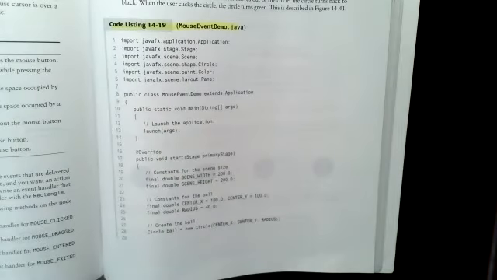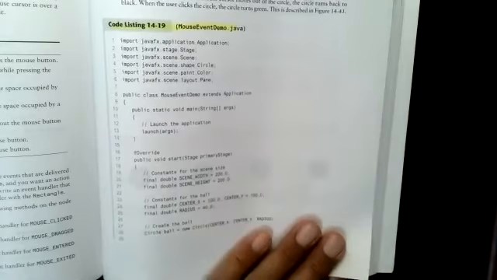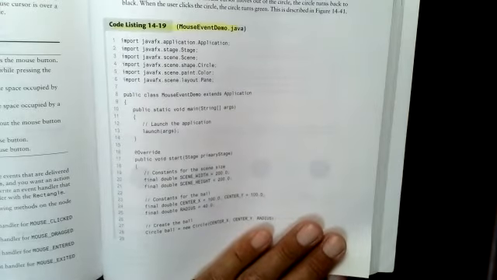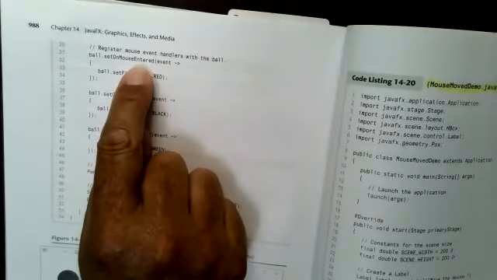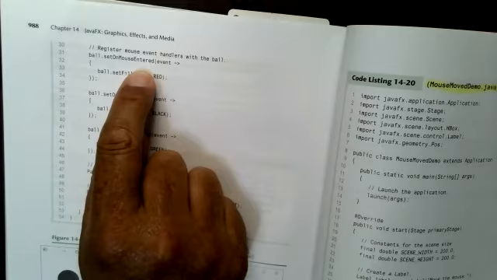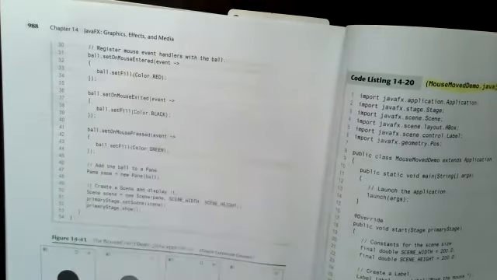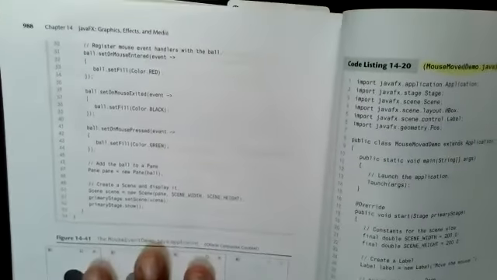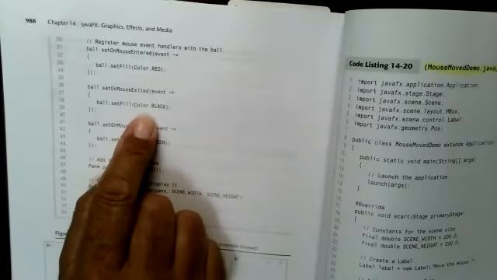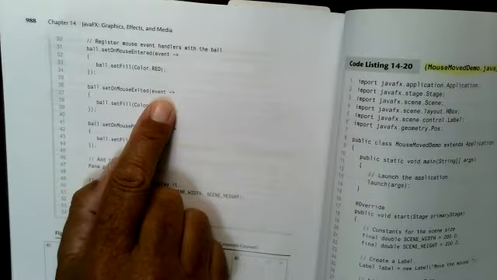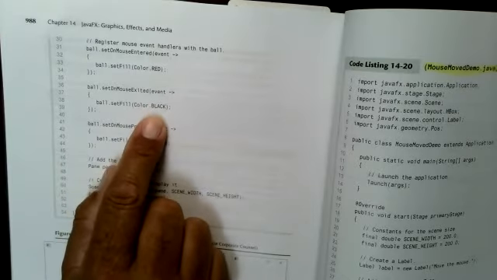What's going on with MouseEventDemo? Looks like I'm creating another ball. The ball's going to have a starting area. Here I am registering it again with that anonymous inner class, ball.setOnMouseEntered. Let's see, filling it with red. It looks like if I move into the event, I'm going to change the color to black.